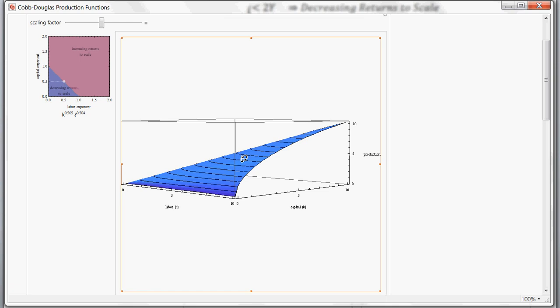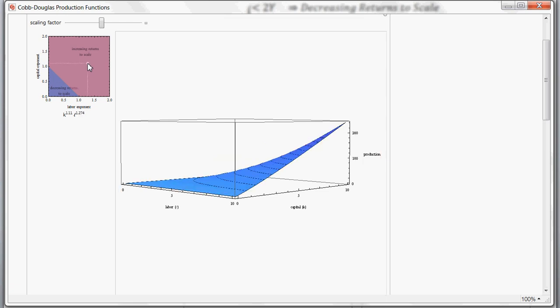If we double inputs, increasing capital and labor to 10, which is over here, we get double the production. But let's say we go to increasing returns to scale. At this point I'm pointing at, with capital of 5 and labor of 5, you can see production of maybe 75 or 66, somewhere around there. Let's double the inputs to 10 capital and 10 labor.